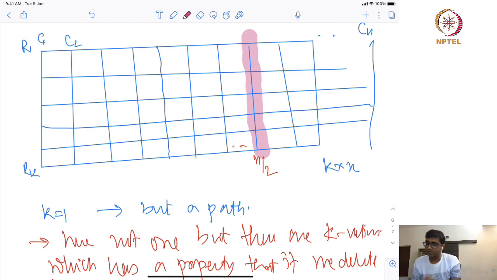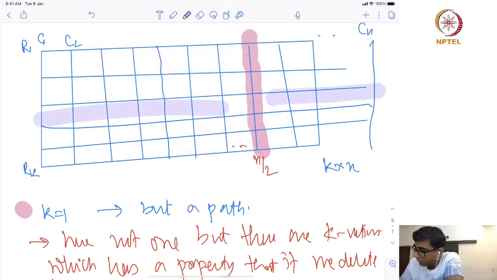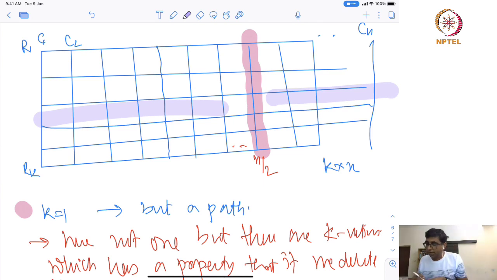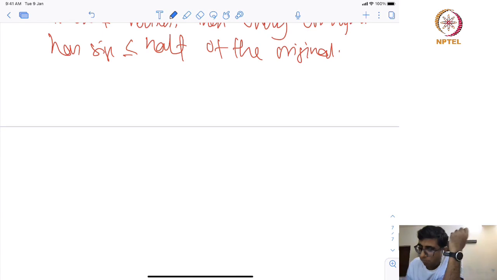If I delete these k vertices, then there is a well defined left side and a well defined right side, and each side contains half the vertices of my graph, right? So now I would ask myself, can I exploit these k vertices on this n by 2th column? And the answer is, okay, fine, let's try to do it. But now there are k vertices. So let's look at the picture.